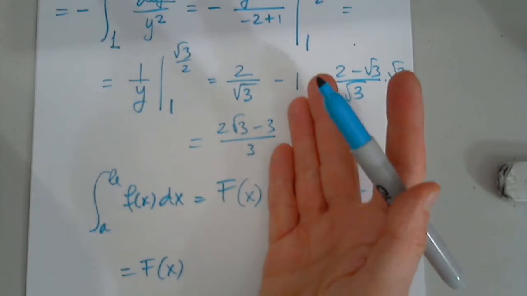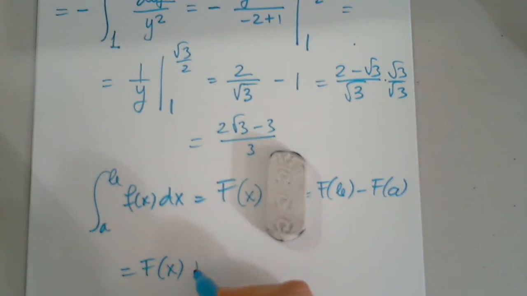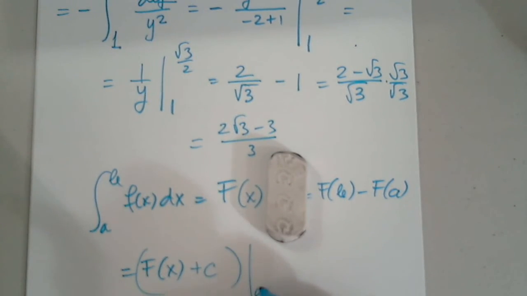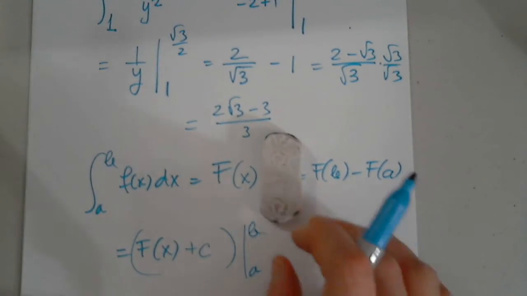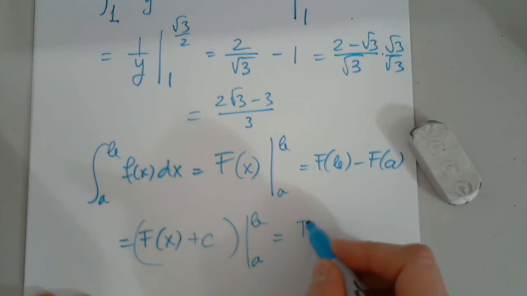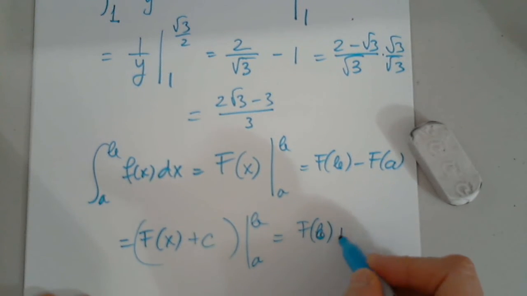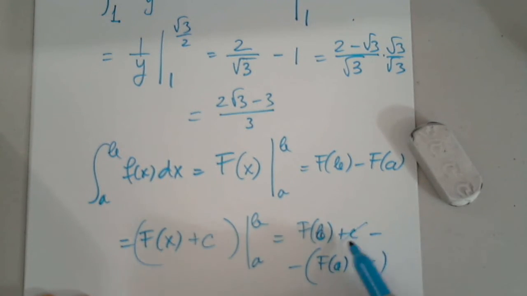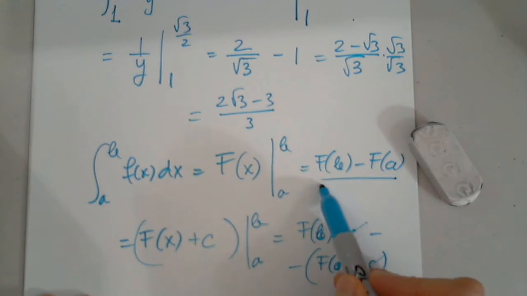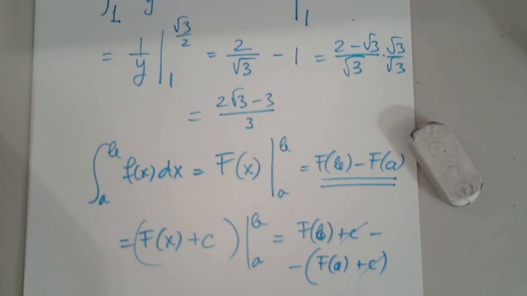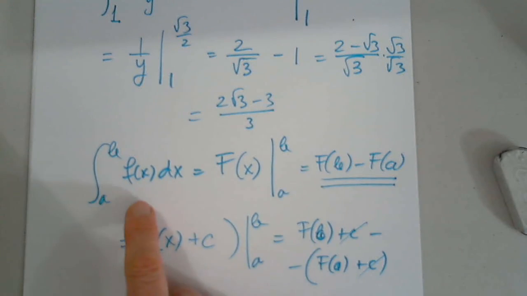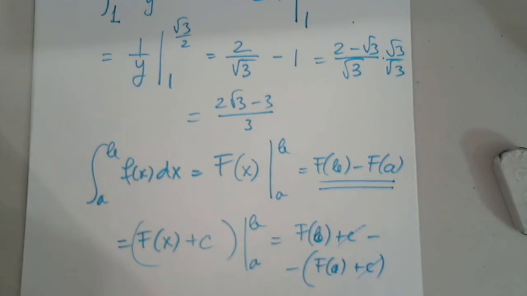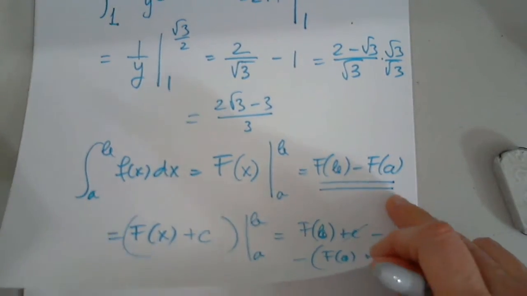If you write it as f of x plus a constant c from a to b, then you will have f of b plus a constant minus, in parentheses, f of a plus the same constant. And when you distribute, the two constants go away, and you still get this. Okay, that makes sense. Right? So this will always be a number as the final answer.